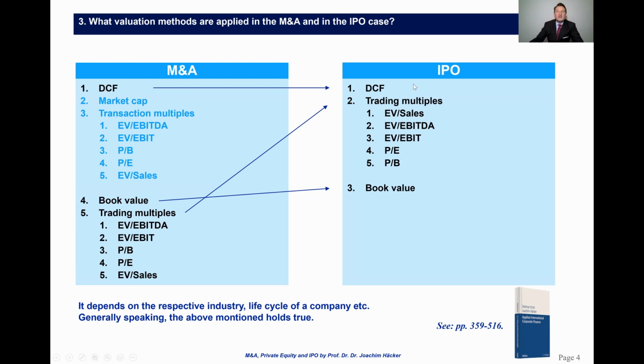However, in the IPO case, they are much more important because the basis of the trading multiples is a so-called peer group. We ask ourselves, how are we valued compared to our other companies, to our competitors, to our peer group? And in the IPO case, the listed peer group, the companies, they are really core when we derive the book building range.